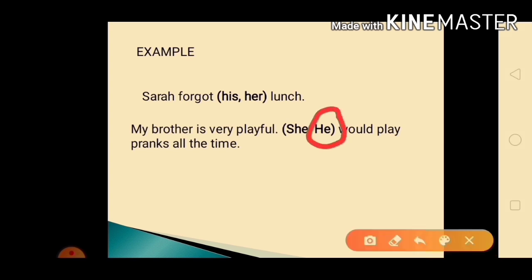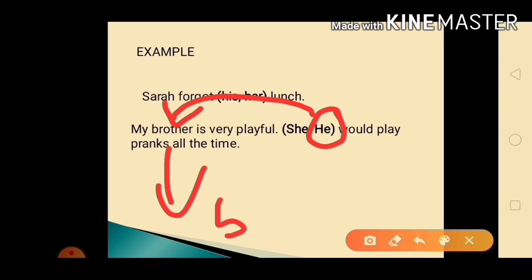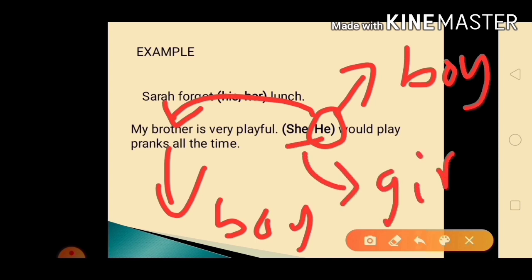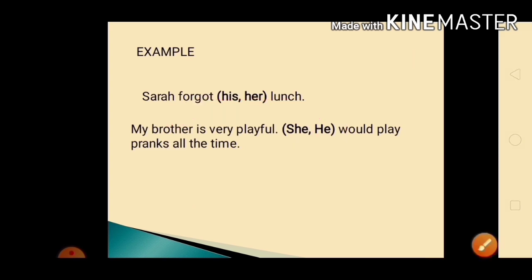Correct, the word he, because the word he refers to whom? To the brother, and the brother is a boy, and he refers to a boy, while she refers to a girl. So that's why she is not possible. So that's the use of a pronoun.